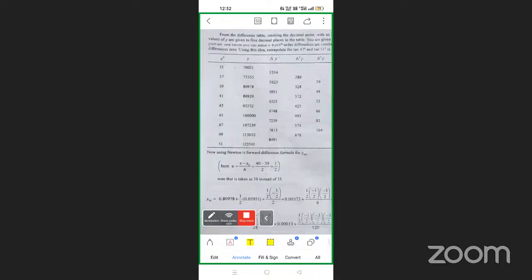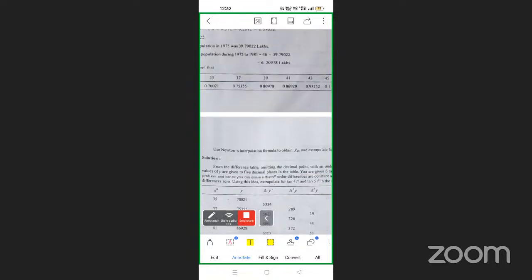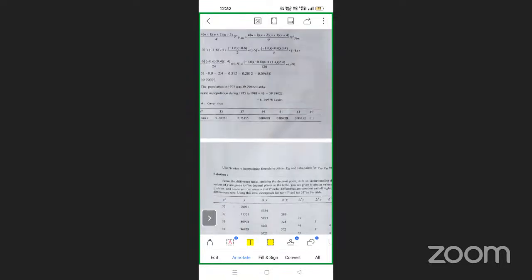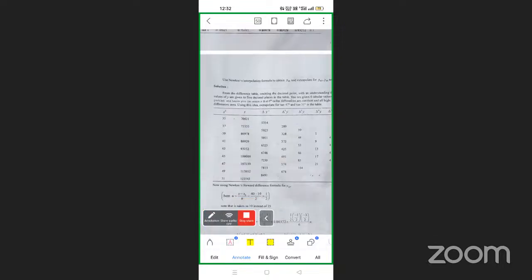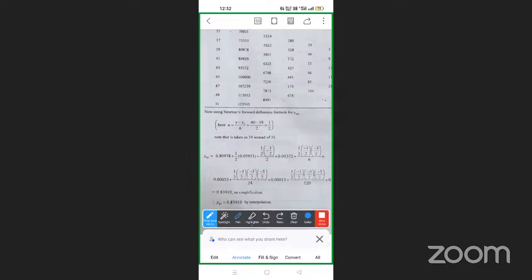The next one is asking y40. Y40 is exactly in the middle, so we can take Newton's forward or backward formula. We are taking Newton's forward difference formula.